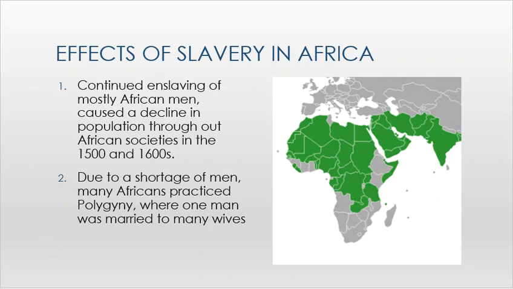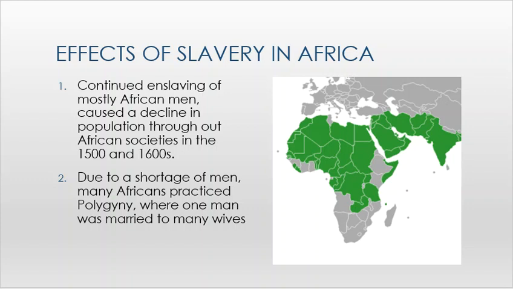So the effects of slavery in Africa are thus: one, the continued enslaving of African men is going to cause a decrease in population in Africa for a short time.